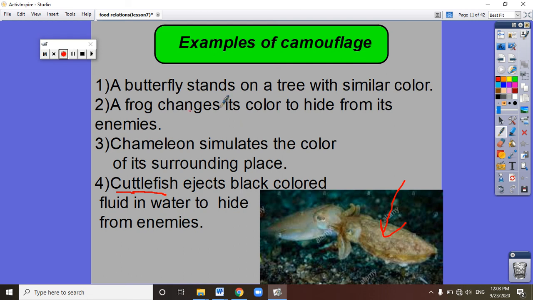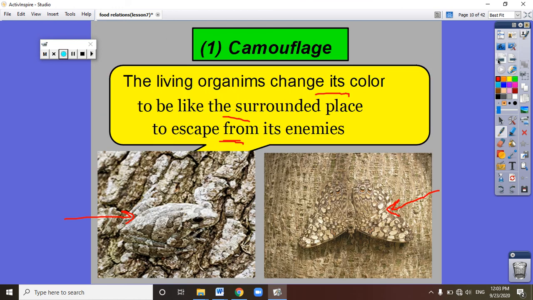So the examples of animals that can make camouflage are butterflies, frogs, chameleons, cuttlefish, and some fish also can make camouflage. Why? To escape from their enemies. So don't forget that camouflage means changing the color.